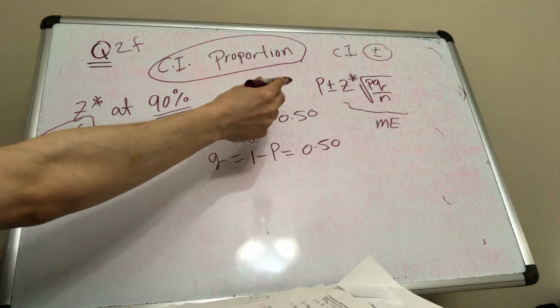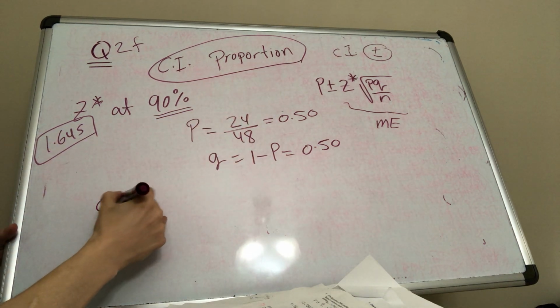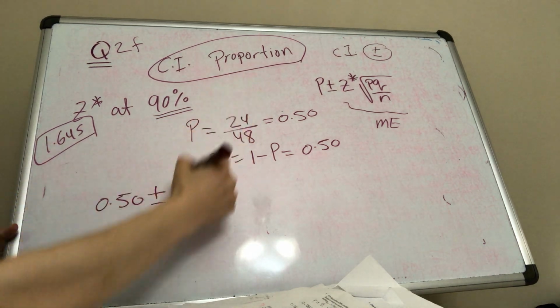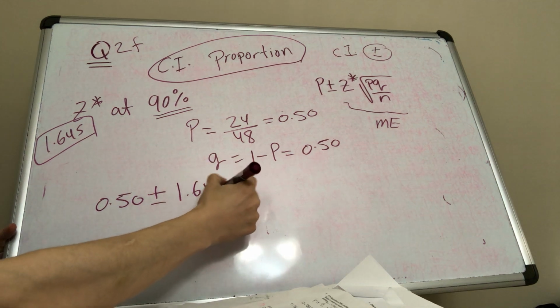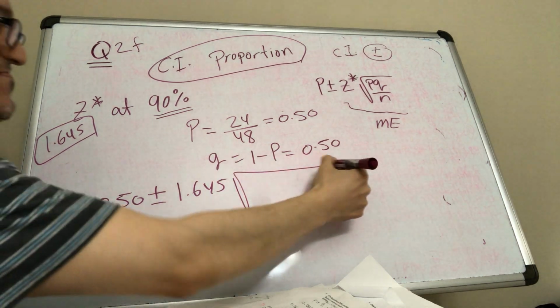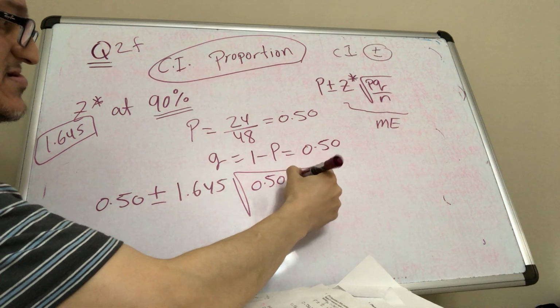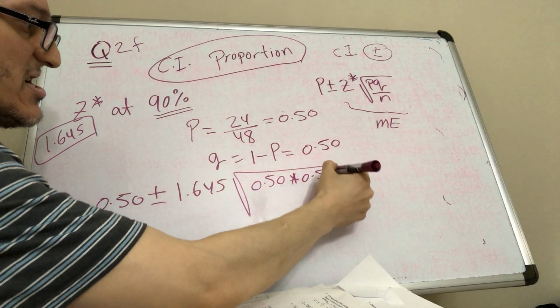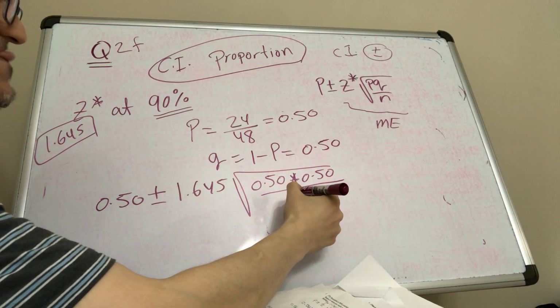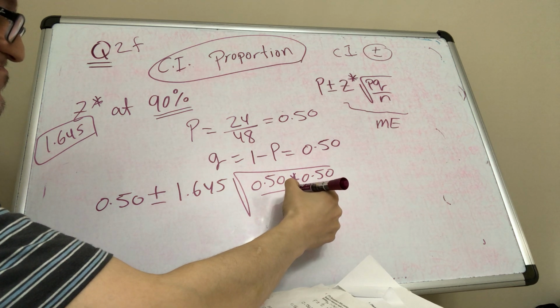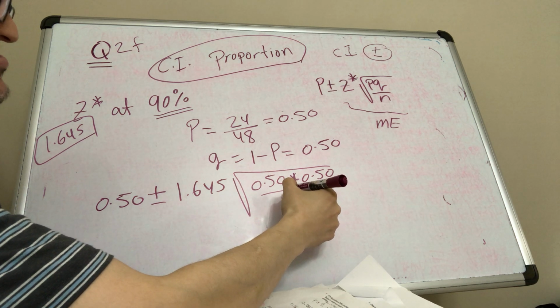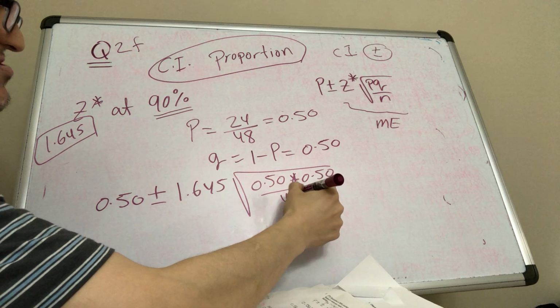So now we put everything in the formula. So you go 50%. We know your Z is 1.645. And you take the 50% times 50% over N, and your n in this case would be the sample of 48.